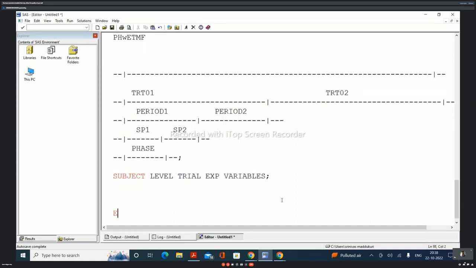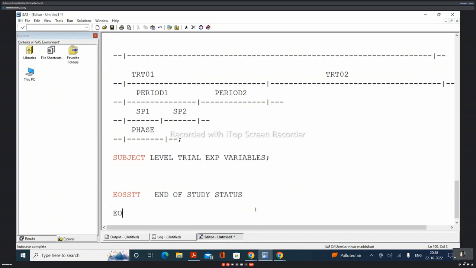We are going to have EOSSTT, which means end of study status. By the end of the study, what is the status of the subject? Is it still continuing or completed? Then we are going to have EOSDT, which means end of study date, so when the study got over.